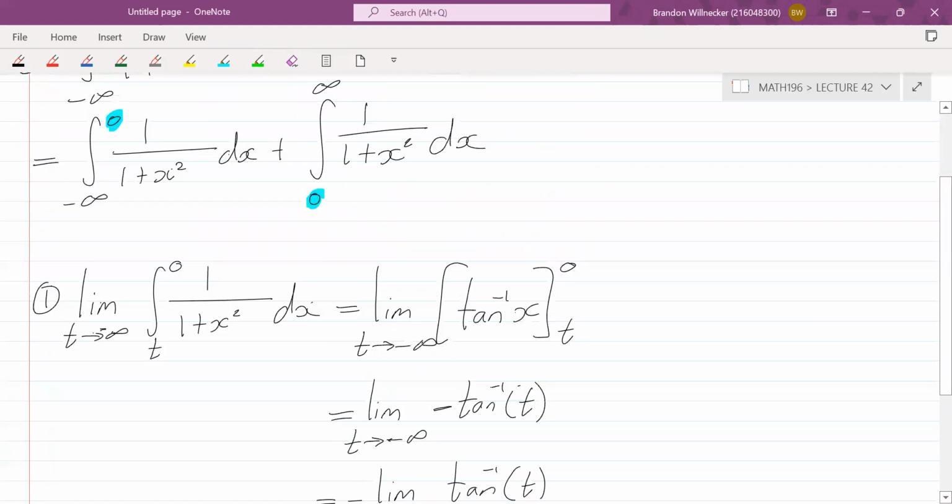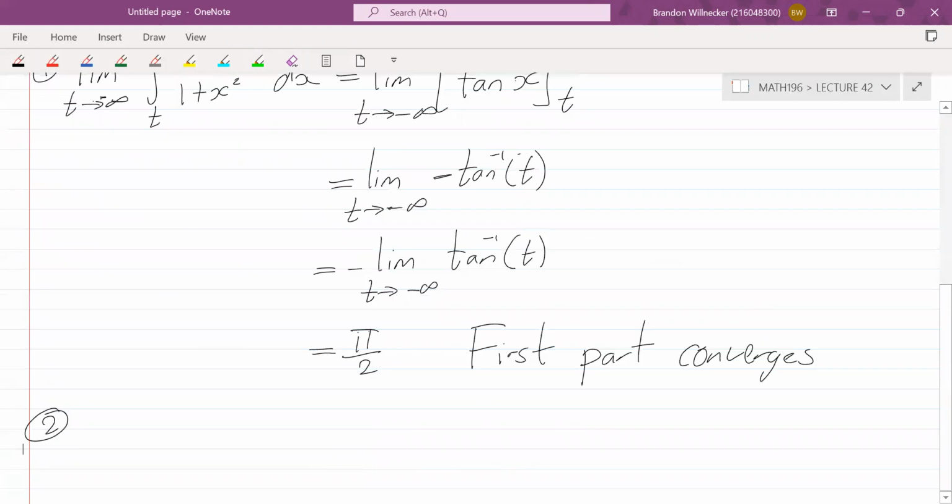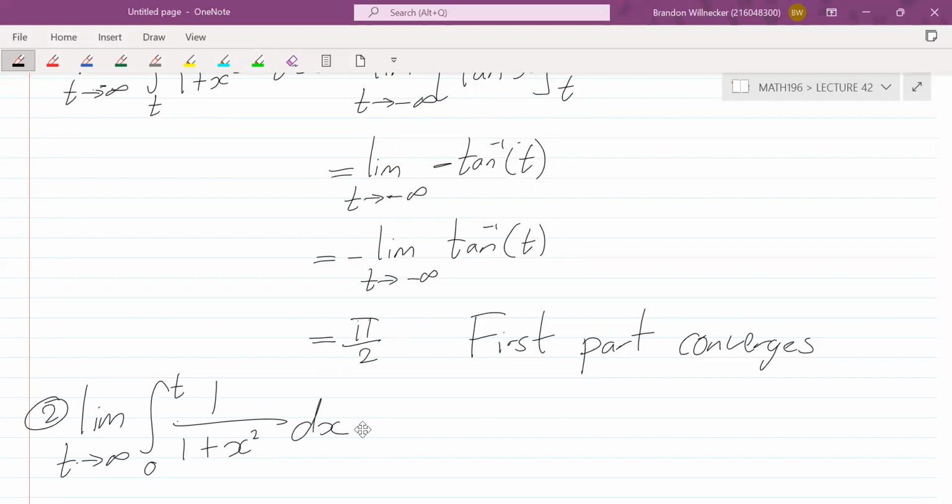We know that the second part has an upper bound of infinity, but we know we should write that as a limit. So that's going to be the limit as t goes to infinity, the integral from 0 to t, 1 over 1 plus x squared dx. Okay, now we can do this quite similarly to what we had before.